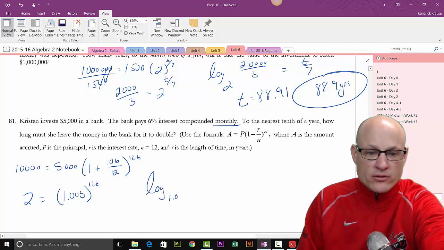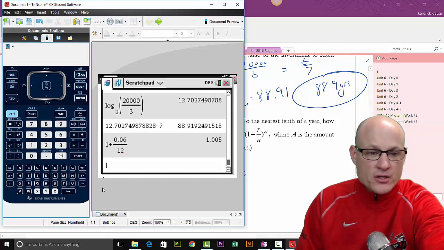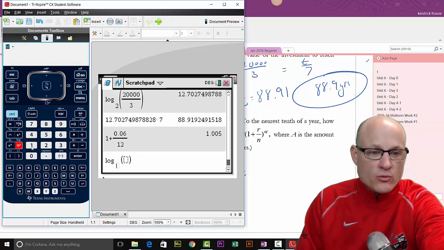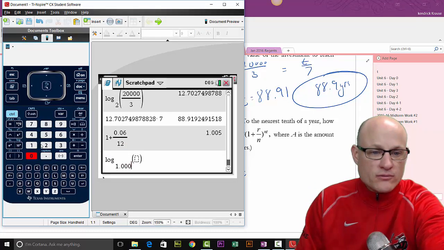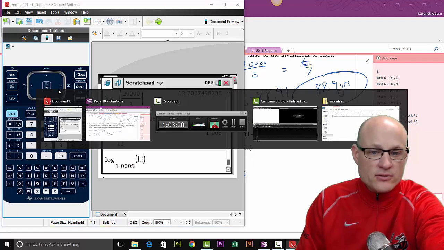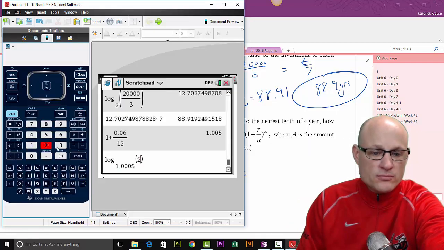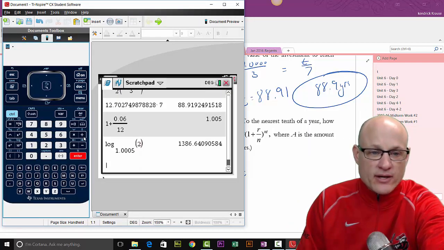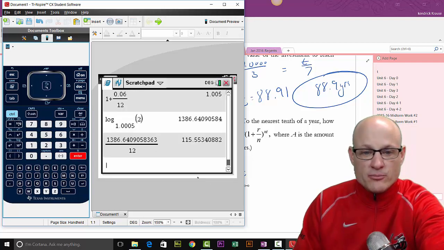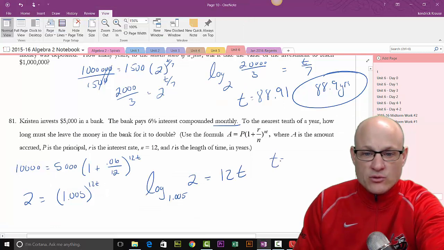Log base 1.005 of 2 is equal to 12t. So control log base 1.005 of 2 equals that, and then we're going to divide that by 12. So t equals 115.55.